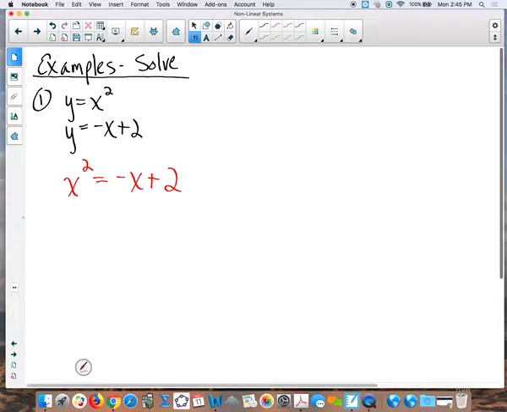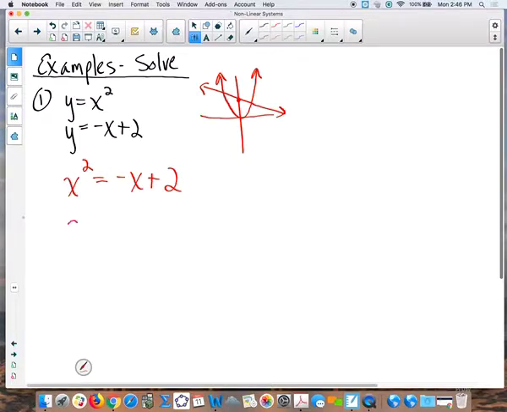So for example here, y = x², that's just the parabola through the origin. And then y = -x + 2, the y-intercept is up here, has a negative slope, so I'm thinking there's going to be two solutions. That's good to know ahead of time if you can take a quick look. So again, all I did so far was substitute in here, so we have x² = -x + 2, and now we're just going to solve for x.